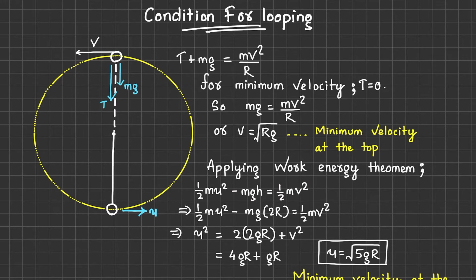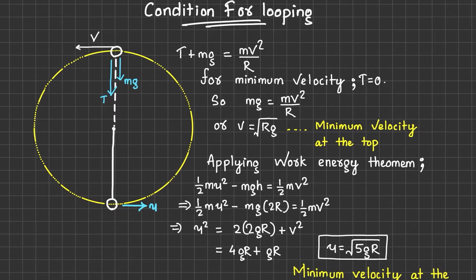So now here we got the minimum possible v value as root over of rg, and if we put that value of v here, we get the minimum possible u value as root over of 5gr. That is the minimum possible speed that a particle should be provided tangentially here, so that it can move in an entire vertical circle.